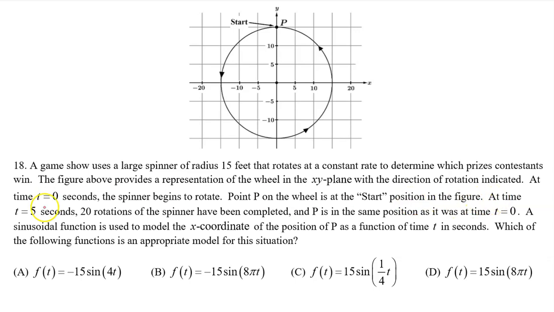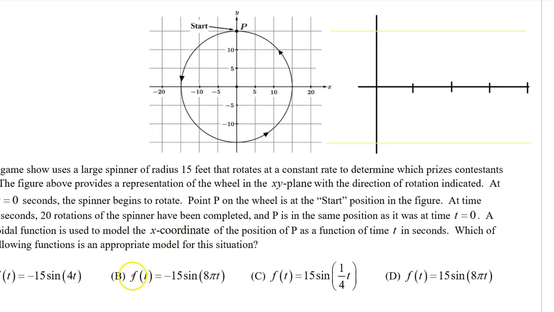At time t equals 5 seconds, 20 rotations of the spinner have been completed, and P is in the same position as it was at time t equals 0. A sinusoidal function is used to model the x-coordinate of the position of P as a function of time in seconds. Which of the following functions is an appropriate model for this situation?